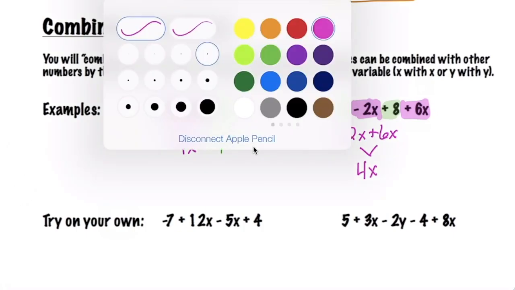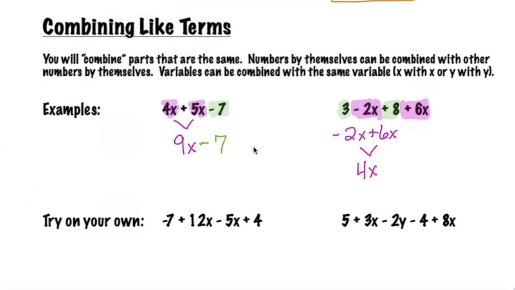When I look at my numbers by themselves, there I have a 3 and a plus 8, and when I combine those, that becomes a positive 11. So then I'm going to put plus 11 because it's positive. So then my equivalent expression after I've combined my like terms will end up being 4x plus 11. At this time, try the two below on your own.